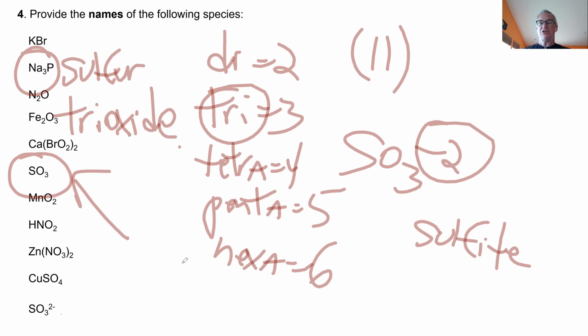When you see an H in front, we have a special name for those because they're not really ionic compounds, but they're not really covalent compounds either. So when you have a hydrogen in front of a nonmetal, we call that an acid. How to name acid? Just call it hydro something acid. We'll go over it.